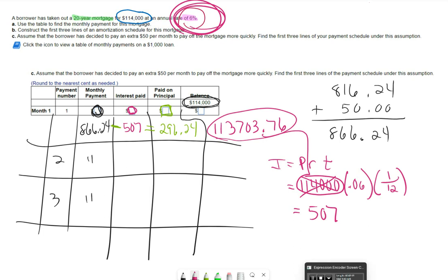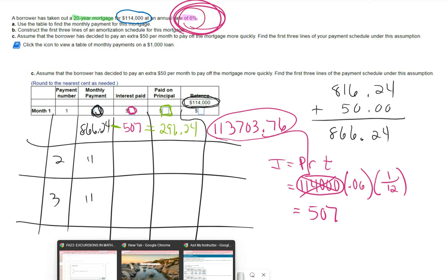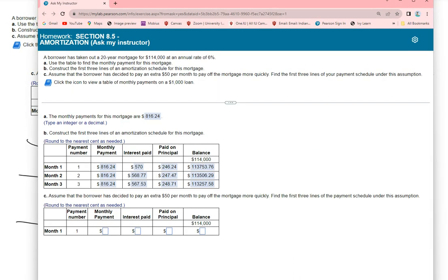So I'm going to go back to my math lab. Where is it? Here it is. And the monthly payment this time was $866.24. It's still $507 on this first line. But now this is actually $50 higher, and this will be $50 lower. But only for that first one. It'll be more as time goes on.